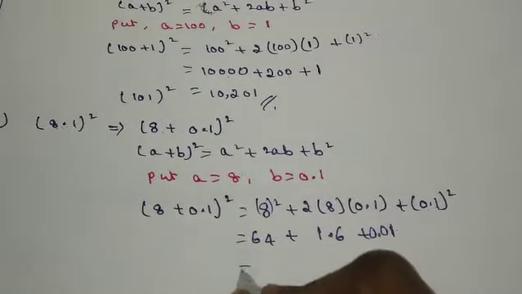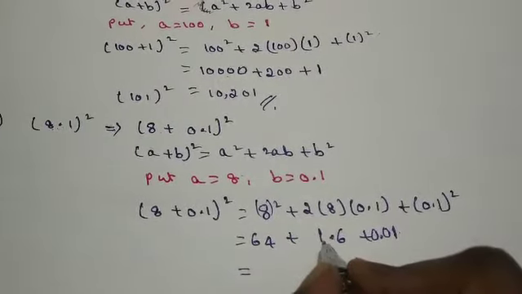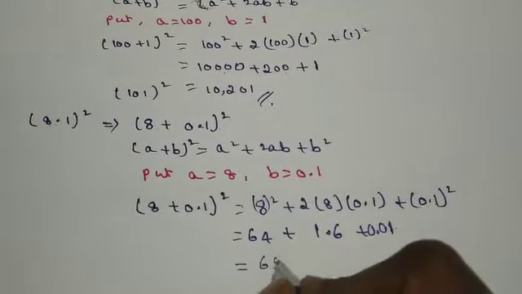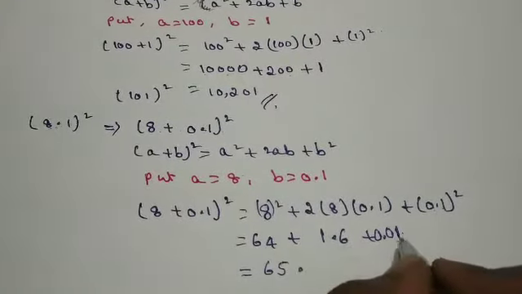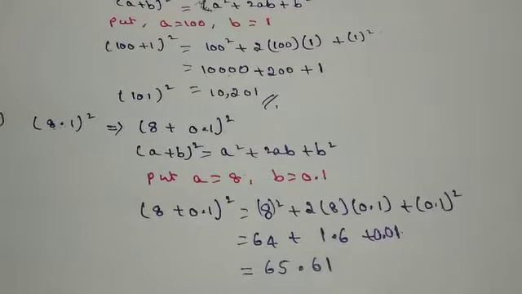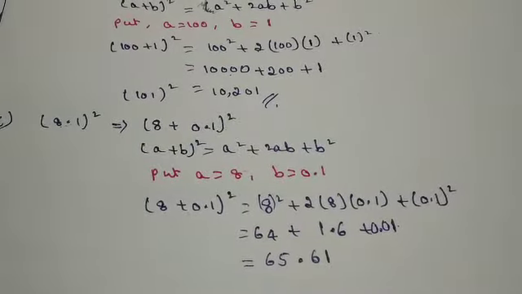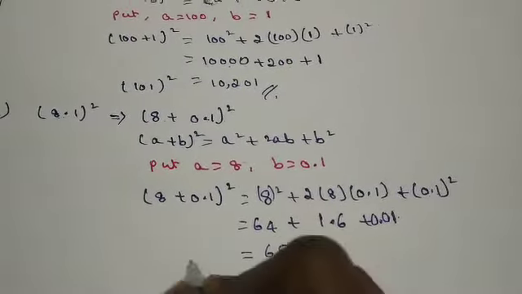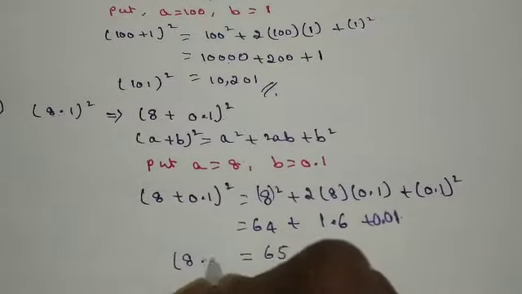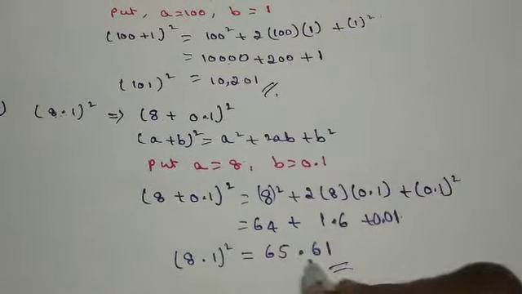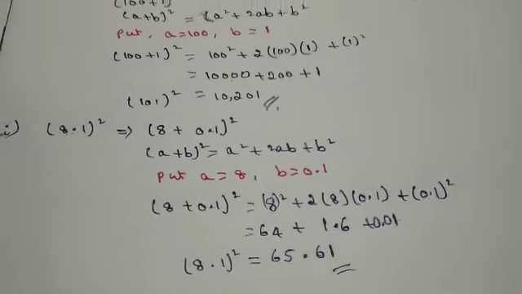Now add up. What is the answer? 64 plus 1, 65, point, first decimal place 6, then 1. So 65.61 is the final answer for 8.1 whole square. 8.1 whole square is 65.61.